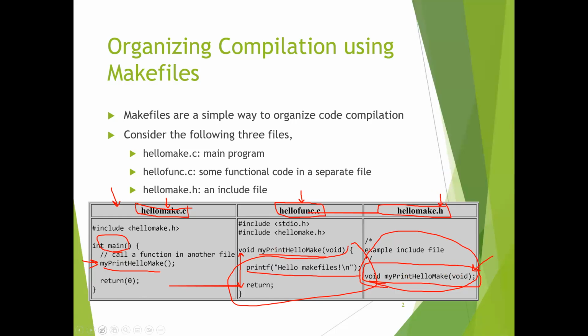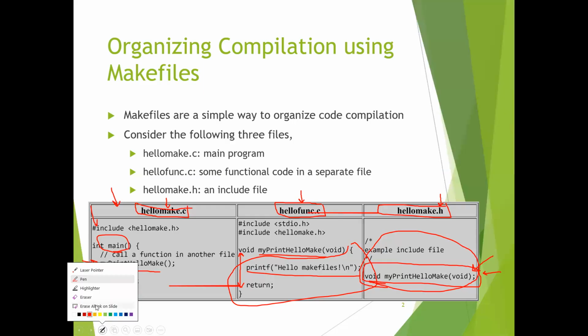We didn't need to have this hello-make.h. We could have put the declaration, that single line, on the top of the definition of the main function in hello-make.c. However, this is the etiquette of doing this. The declarations and macros and constants and external variables, they all go in one single file, like hello-make.h, which is called the header file or include file.